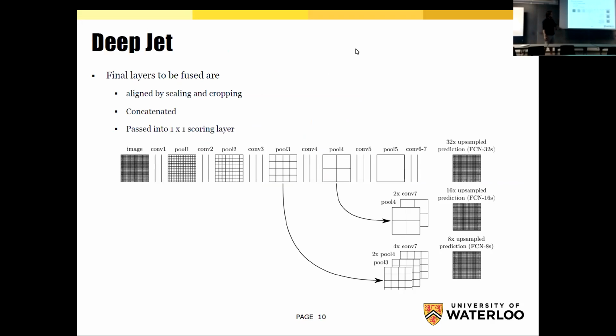At the very end, they do a little manipulation so they're all the same size, concatenate them, and then score that final layer. All of them merge together. So that's the two general ideas for the network, and then they apply it to VGG16 for their results. Any questions about how that works?